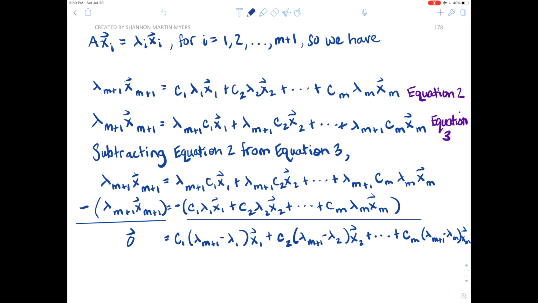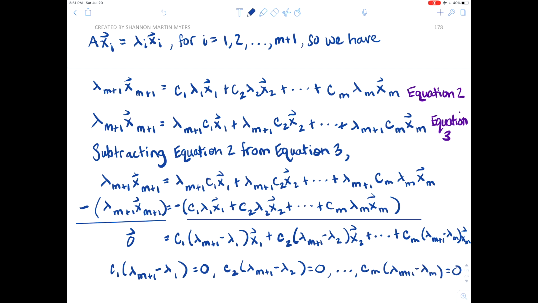This would mean that c1 times lambda m plus 1 minus lambda 1 would have to equal 0. c2 times lambda m plus 1 minus lambda 2 would have to equal 0, all the way down to cm times lambda m plus 1 minus lambda m would have to equal 0.